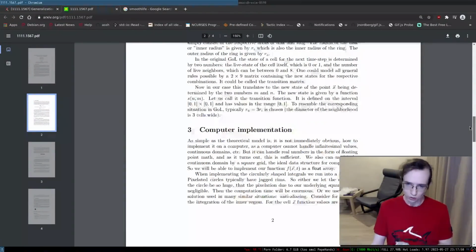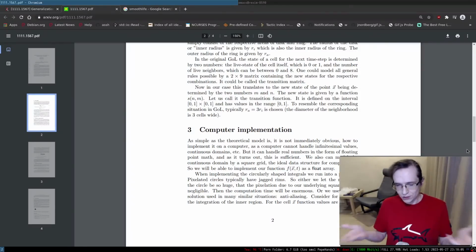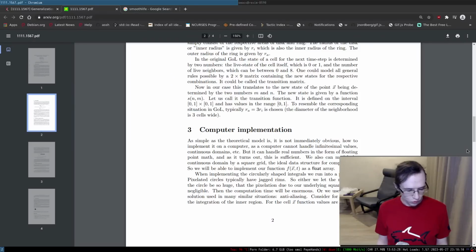At least in a console, and see if we can simulate this thing in a console and produce interesting patterns. And if we have enough time, we may try to port that to GPU, to a fragment shader, because from what I understood by reading this paper, it's actually relatively easy to port to fragment shaders.